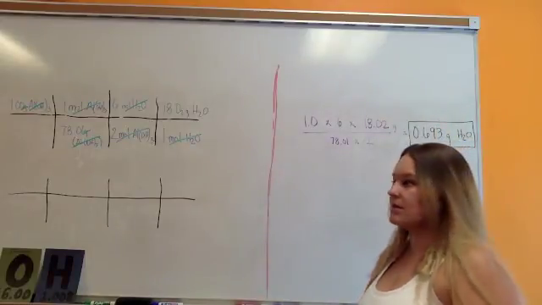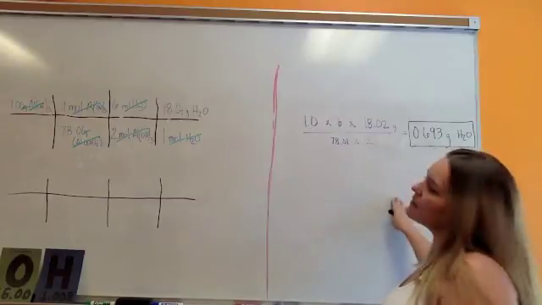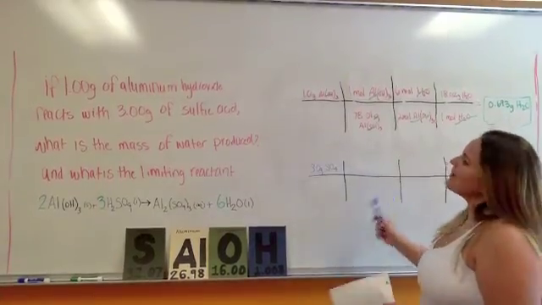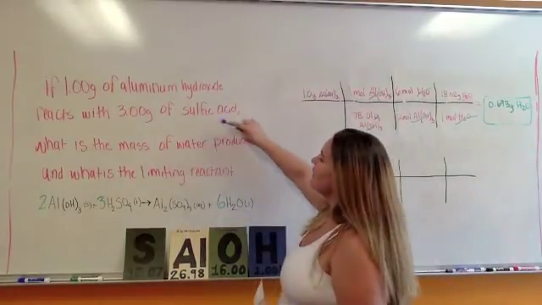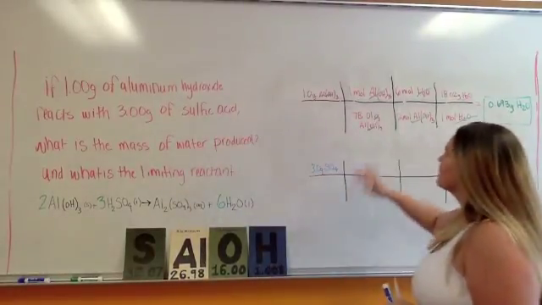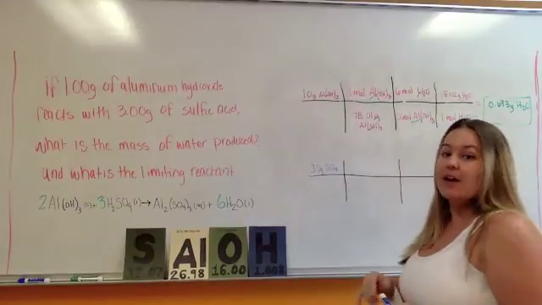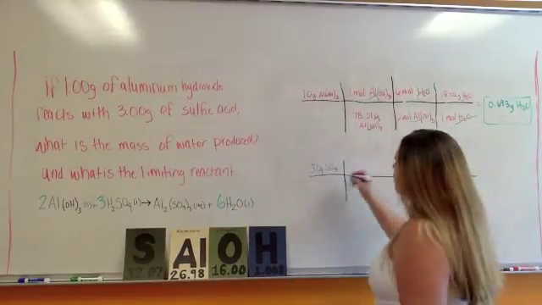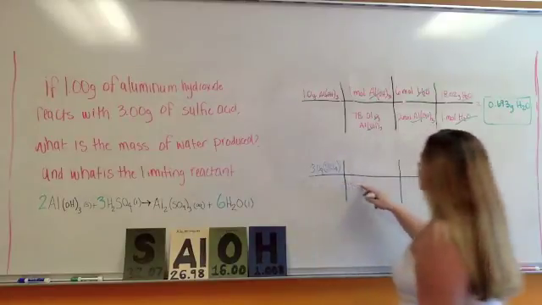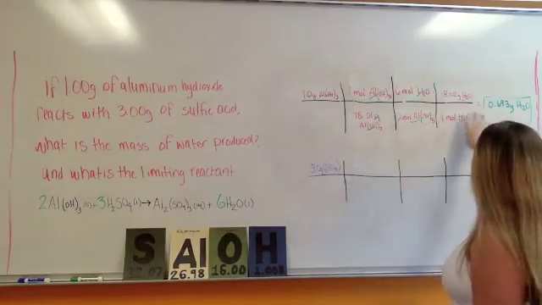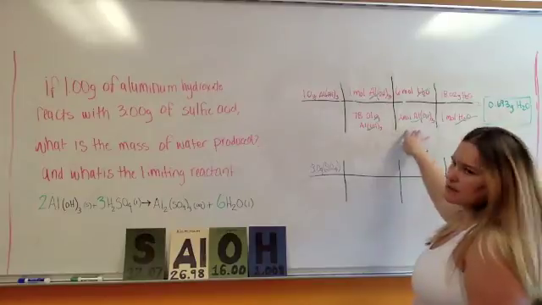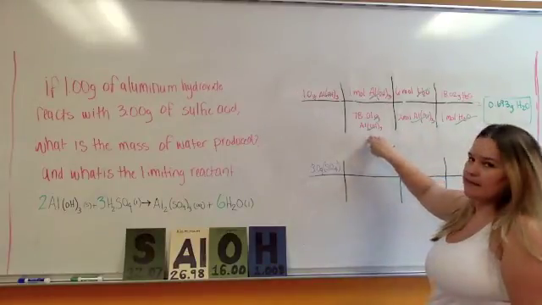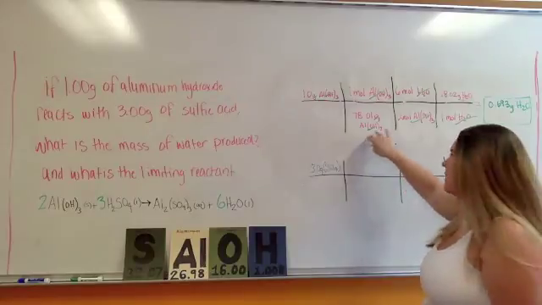So we're going to leave this here so that we can compare it to the next one that we're going to do, which is going to tell us which one of these is our limiting reactant. So for the second part, we're actually looking for sulfuric acid. We want to see how much water results from sulfuric acid so that we can find our limiting reactant. So we use 3 grams of sulfuric acid. Again, write this in so you don't forget it. And pretty much it's going to be the exact same equation, conversion factors, however you want to call it. It's just that our molar mass is going to be the one distinguishing factor.